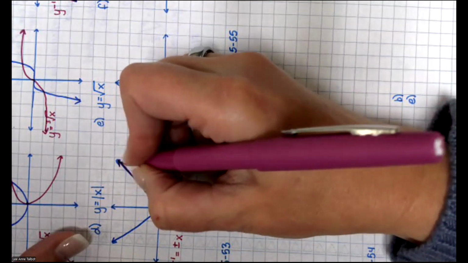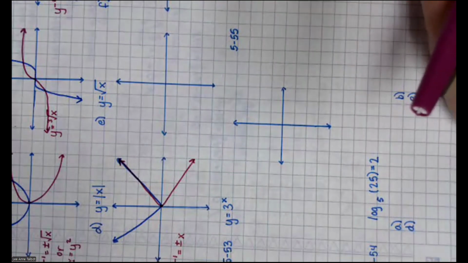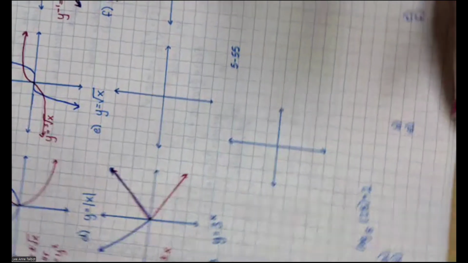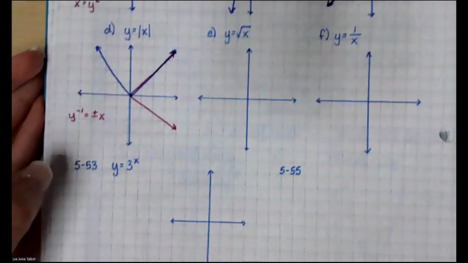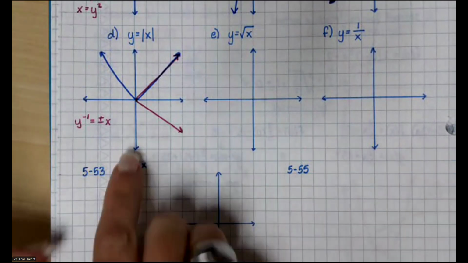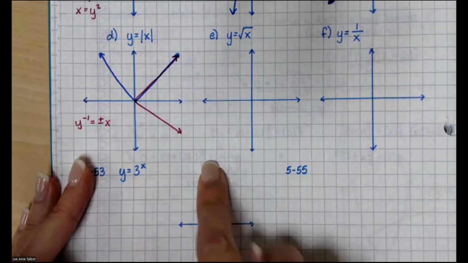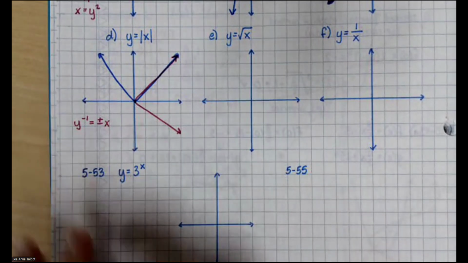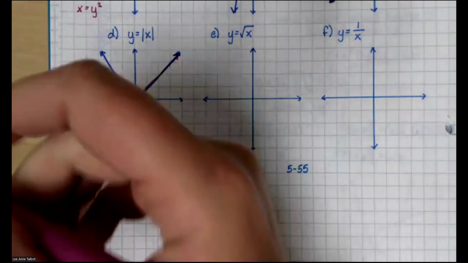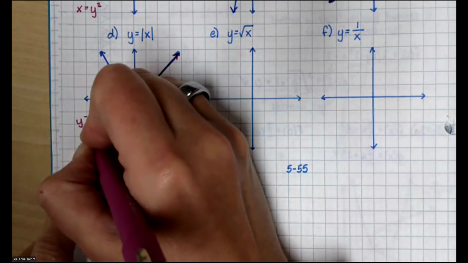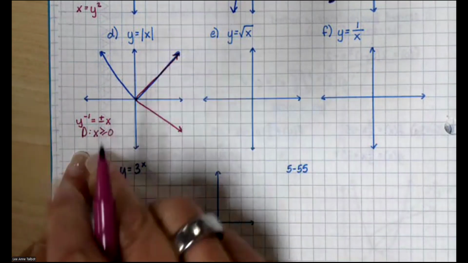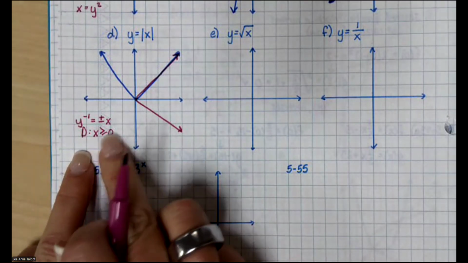And this is why we don't really do inverse problems for absolute value, because it comes out to be a sleeping v. Now the lines plus or minus x are actually lines that go on forever, and this stops. So this needs what's called a domain restriction. You have to say only the positive bits.